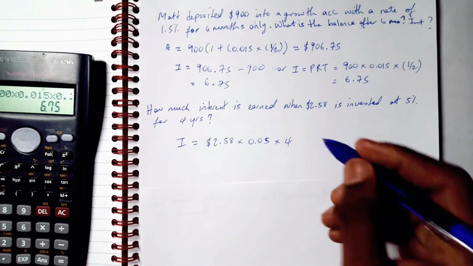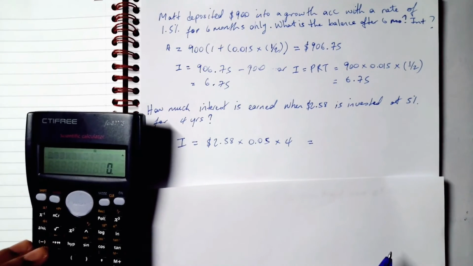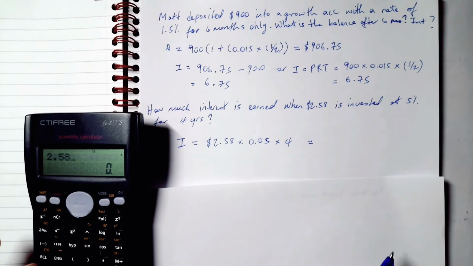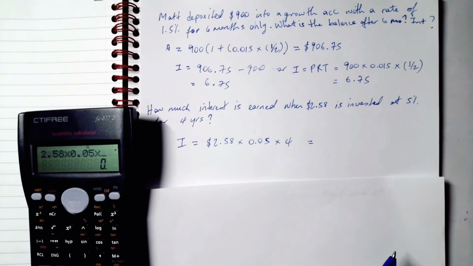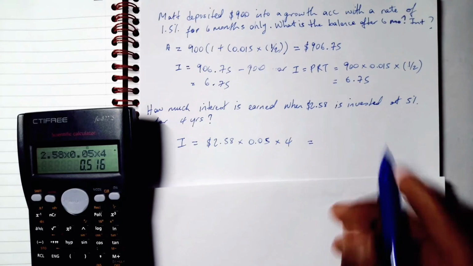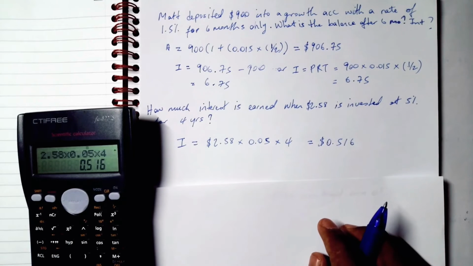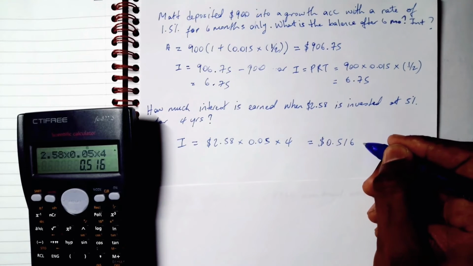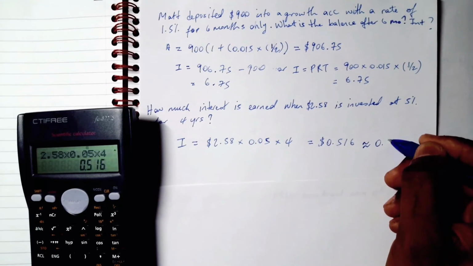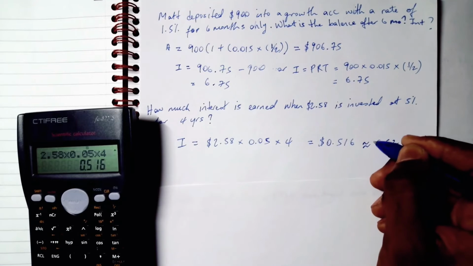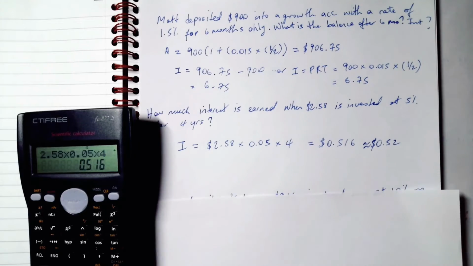So that's pretty clean. Get our calculator: 258 times the interest rate times the years. If we round it up, it's approximately equal to 0.52. Pretty straightforward.